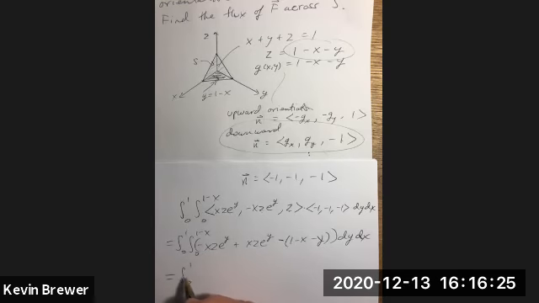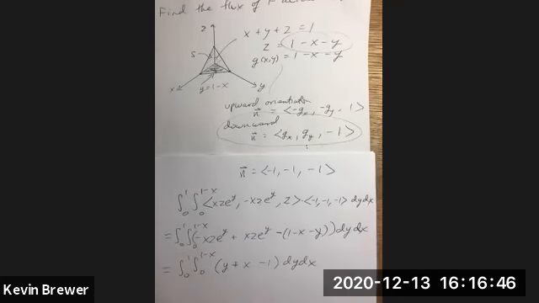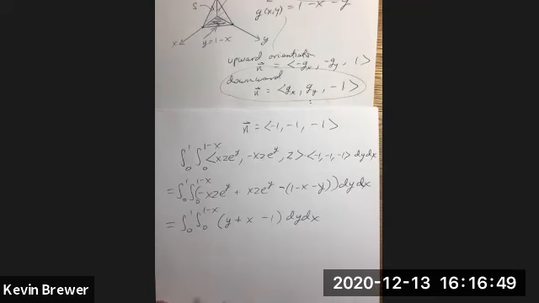Integral 0 to 1, integral 0 to 1 minus x. What I'll do is I'll just distribute this, and I'll just call this the integral then of y plus x minus 1 dy dx. And I shouldn't really bother you with this. You can verify on your own time that that comes out to minus 1 over 6.